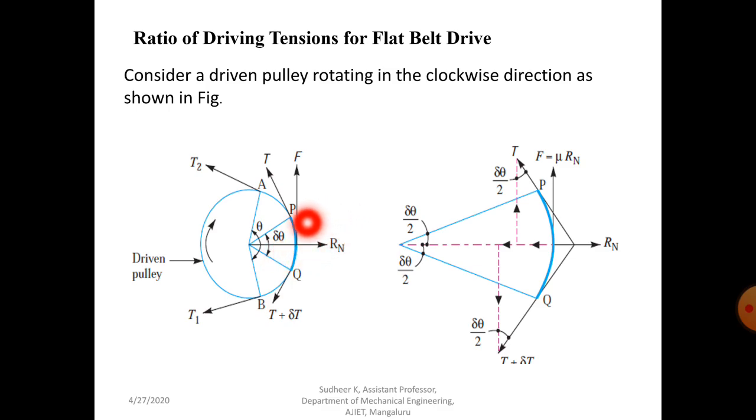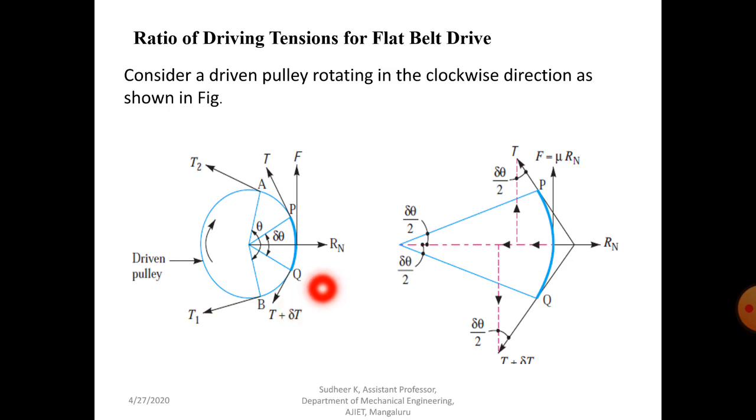Again, you know A is always subjected to slack side tension. That's why P is subjected to some tension, that is noted as T. Similarly, the bottom side is always tight side tension, that is at B. B is subjected to tension T1, nothing but tight side tension.